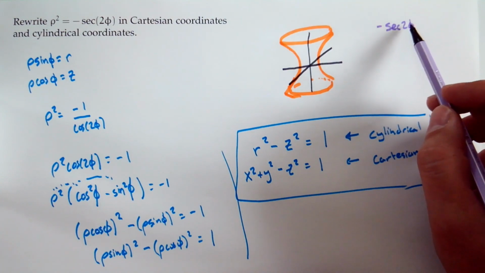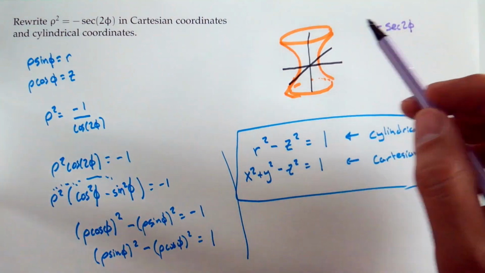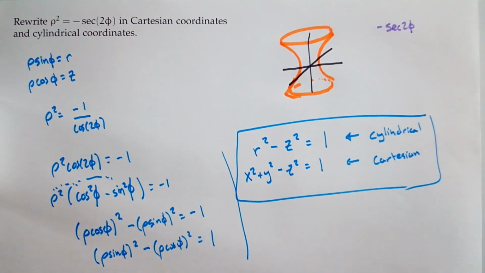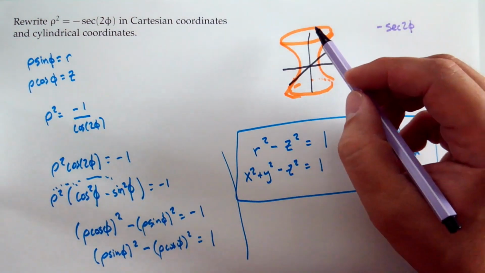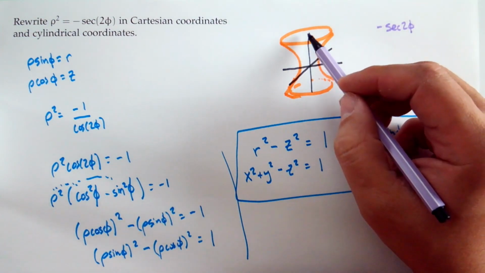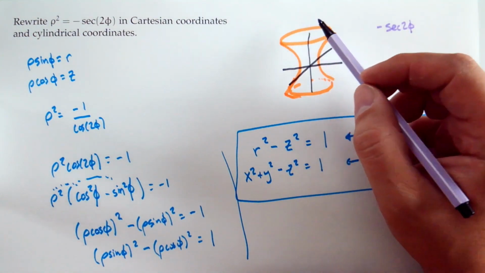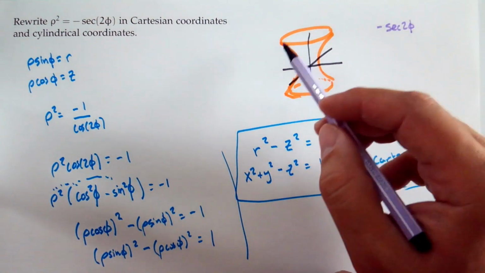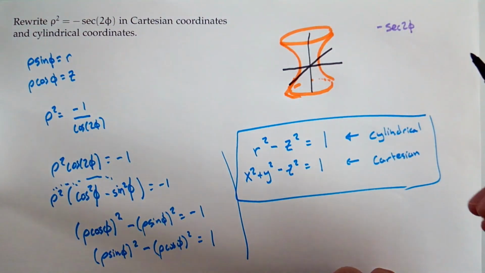Notice if you plug in phi equals 0, you get a negative value, but that's rho squared. You can't have rho squared be negative. So that says if I'm going straight up the z-axis, I don't see anything at all, which is good because our hyperboloid of one sheet, our hourglass, doesn't hit the z-axis.